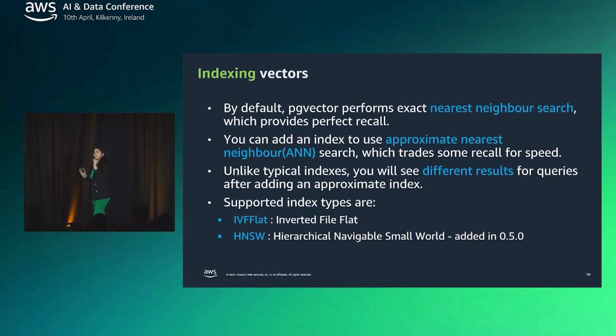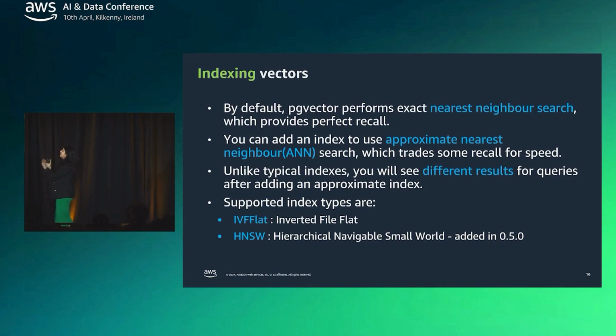That is because it does an exact search. When you ask a question, it matches it exactly to what you have. But what if you could do an approximate search, but faster?